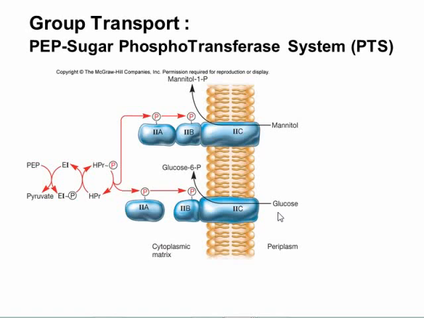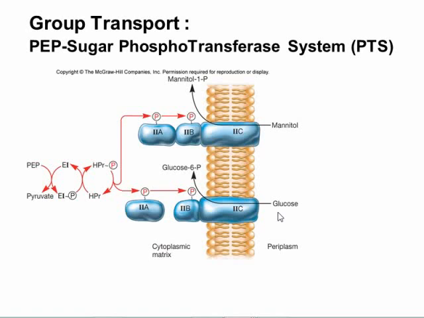It's picking up a phosphate group from phosphoenolpyruvate that gets transformed into pyruvate. This is the end step of glycolysis. Normally in glycolysis, this would generate 1 molecule of ATP. But instead of generating 1 molecule of ATP, the phosphate group here is transferred onto enzyme 1. Then it goes on to another protein called HPr, heat stable protein.